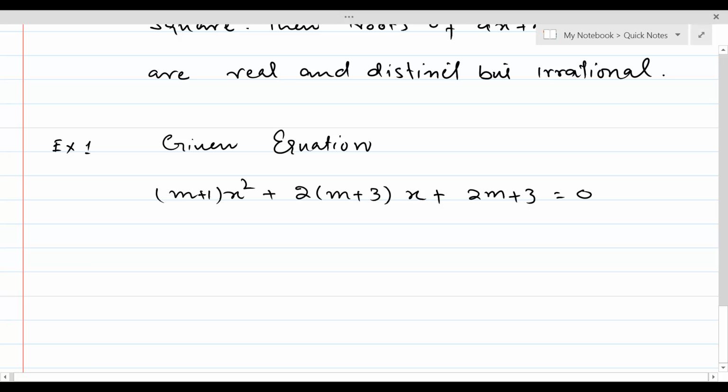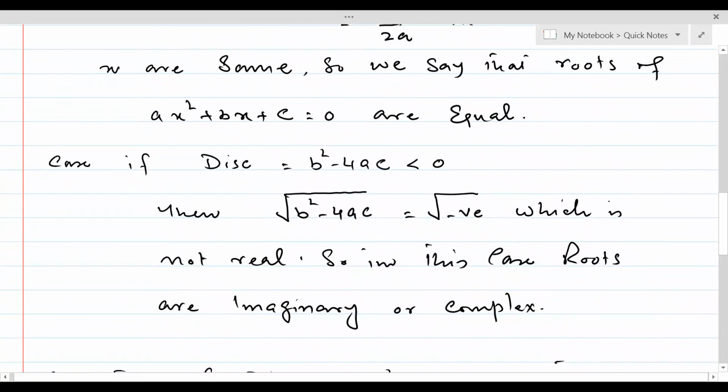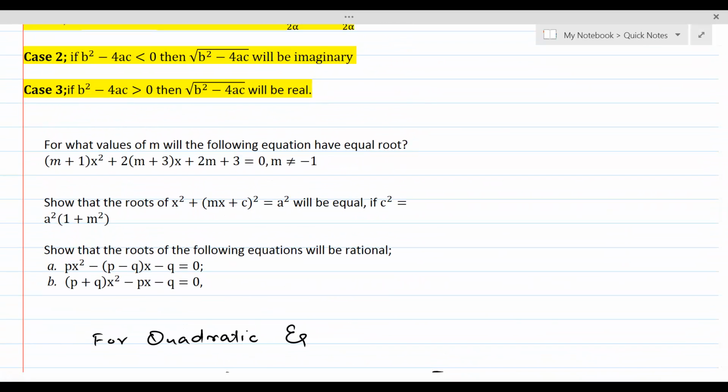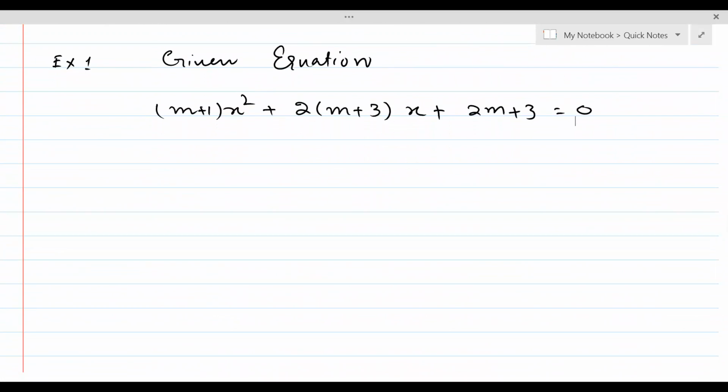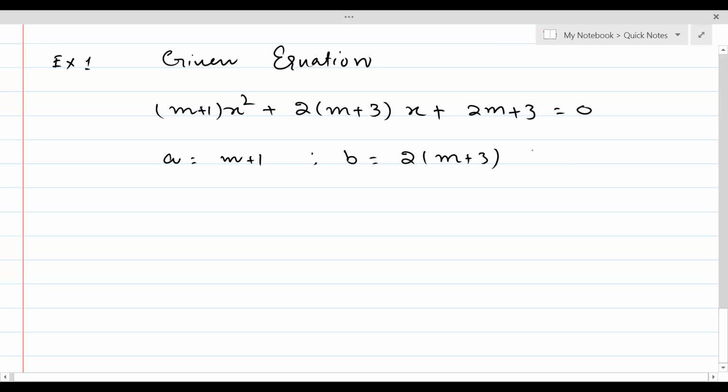We will find that value of m for which the roots of this equation are equal. Comparing it with ax square plus bx plus c equal to 0, a is equal to m plus 1, b is equal to 2 times m plus 3, and c is equal to 2m plus 3.